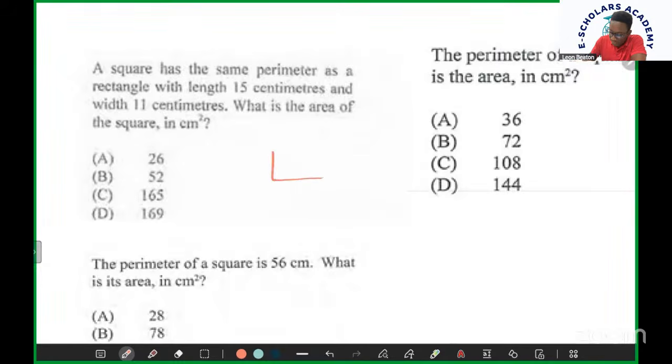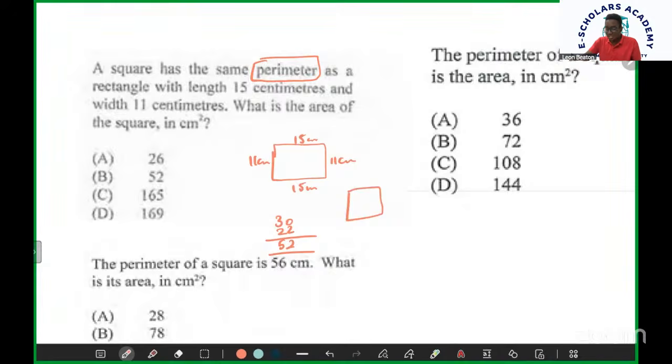The dimensions of the rectangle are 15 cm by 11 cm, so we can find the perimeter. This side is 15, this side would also be 15, and the other sides would be 11. So 15 and 15 is 30, 11 and 11 is 22. 22 plus 30 gives me 52. So the perimeter of this square is 52 as well.